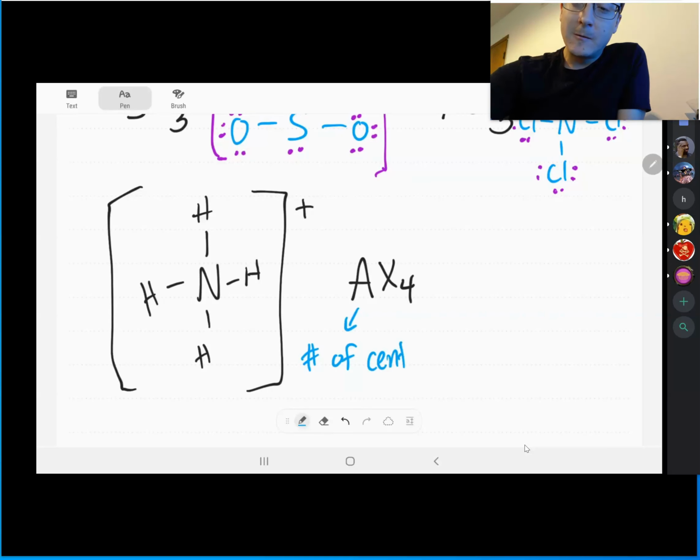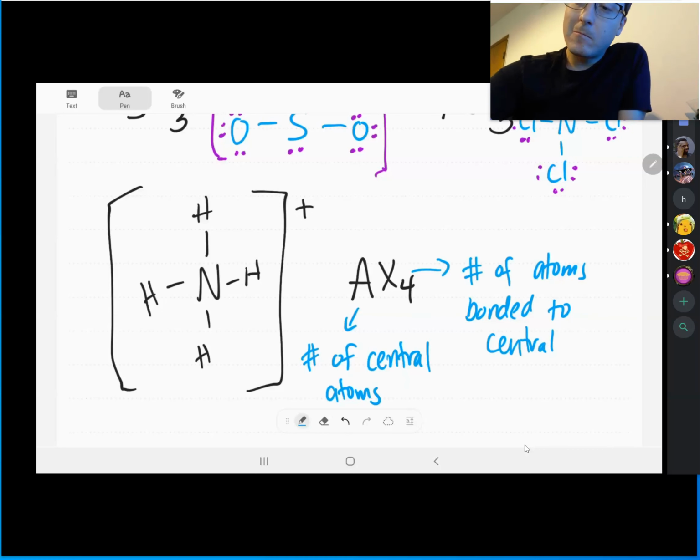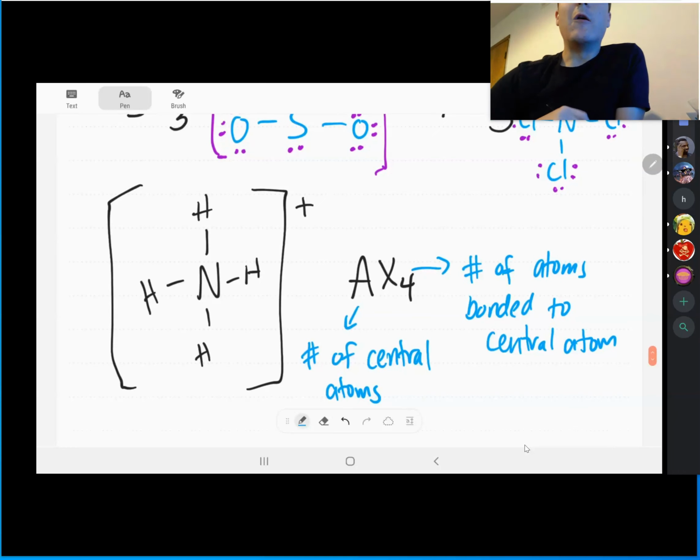Central atoms. And X is the number of atoms bonded to the central atom. Okay, so we see that AX4 means we have one central atom and 4 outer atoms.